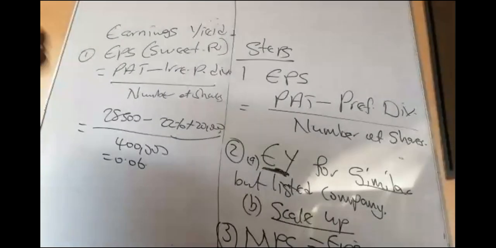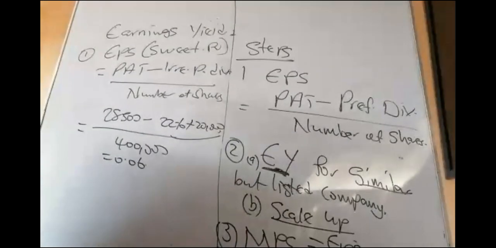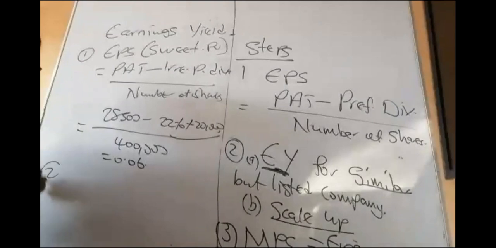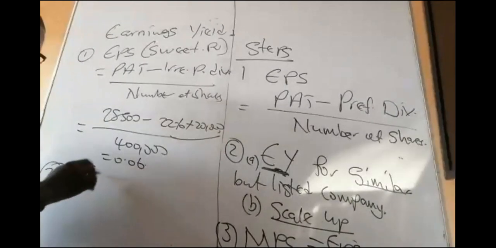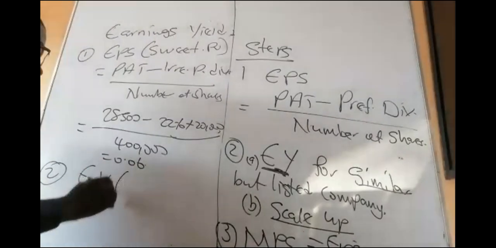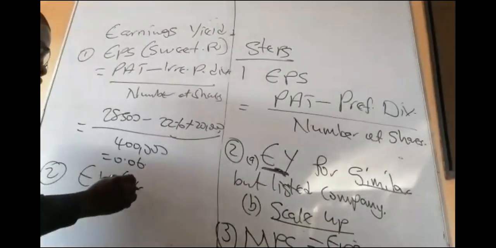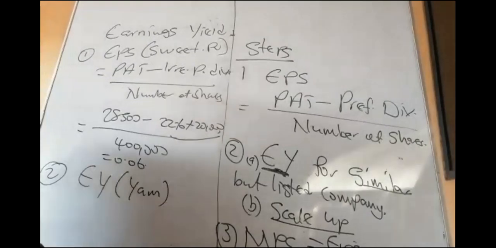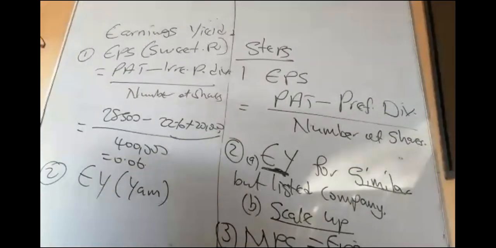Okay, so let's go to the next step. Step 2. We need the earnings yield of a key competitor, identified in the question, because they're in the same industry as the sweet potato.